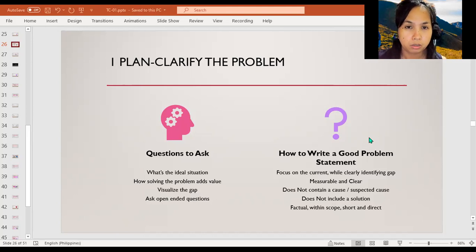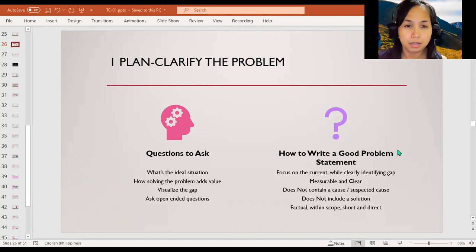So we don't want to do this. Likewise, a good problem statement does not include a solution. It's often tempting to include both a potential cause and solution in the problem statement, but we must fight the urge, as doing so weakens the overall power of this problem solving process.